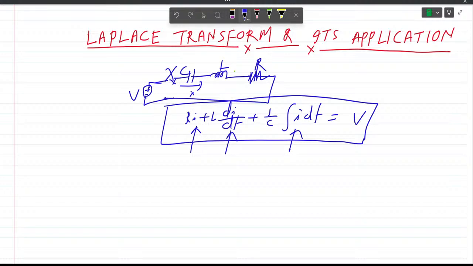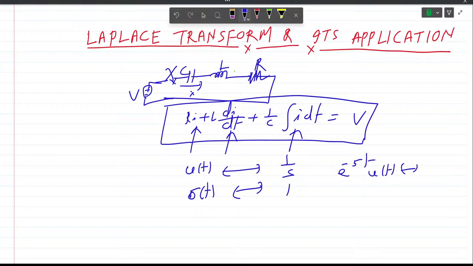So we'll factorize that algebraic equation, and before that we know the Laplace transform pairs. For example, u(t), the unit step function, has the Laplace transform of 1/s. For delta(t), you have a Laplace transform of 1. And e raised to the power minus 5t u(t) has the Laplace transform of 1/(s+5).